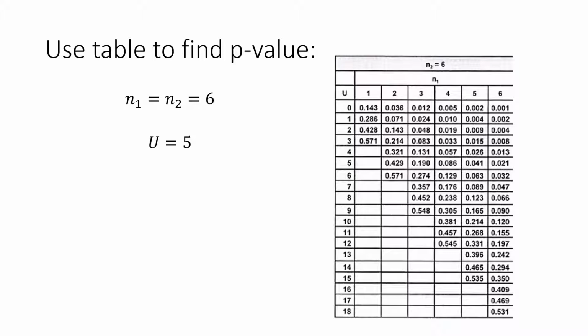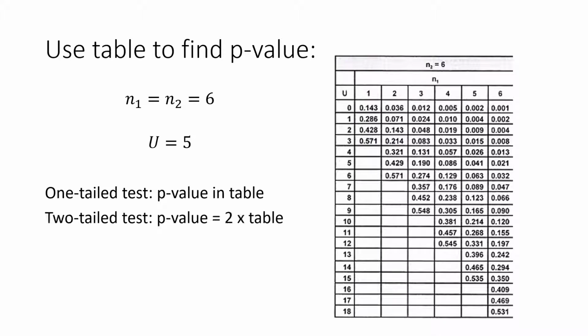And then this is giving me the one-tailed p-value. If I want a two-tailed test, I take that p-value in the table and multiply by 2. So since I was doing a two-tailed test, my p-value is 2 times 0.021, which gives me 0.042.